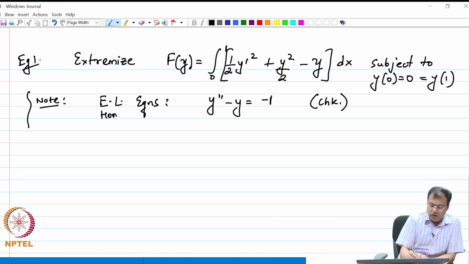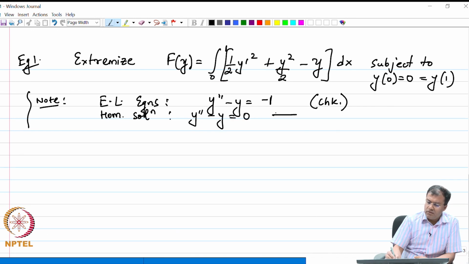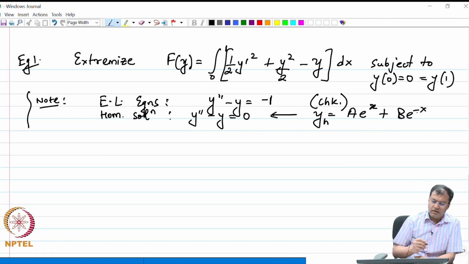The homogeneous solution to the ODE will be the solution to this equation, which means that y homogeneous is a e to the power x plus b e to the power minus x, right.